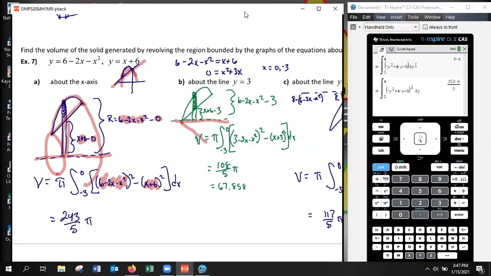But anyway, in this case, when I treat this, once again, I have a gap here, upper function minus axis. The inner radius is lower function minus the axis. You can see that I simplified pi capital R squared minus pi little r squared, and threw it into the calculator to come up with my answers.